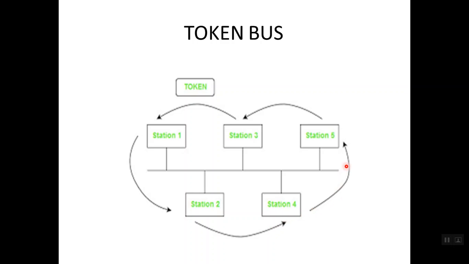The machine with the highest address is inserted in the ring first, and the machine with the next highest address is inserted second, and the machine with the lowest address is inserted last. The token will be passed in this direction, and communication takes place only in this direction.